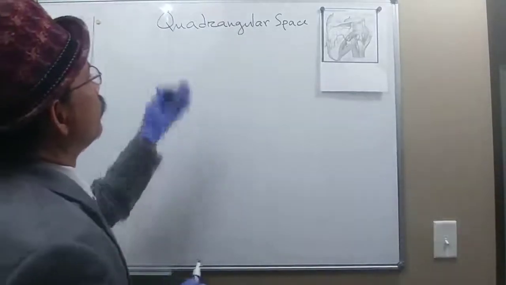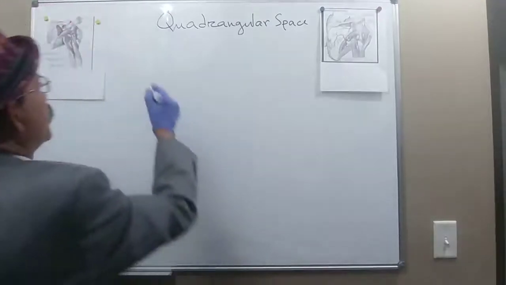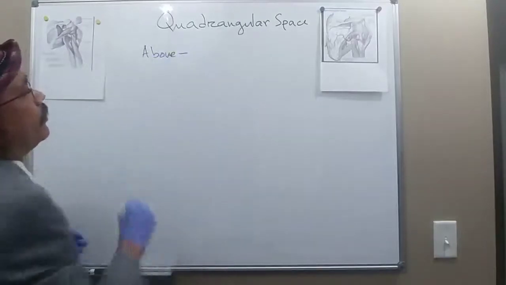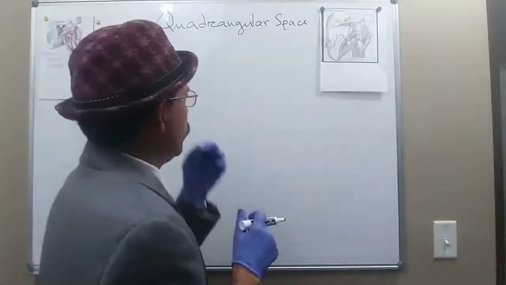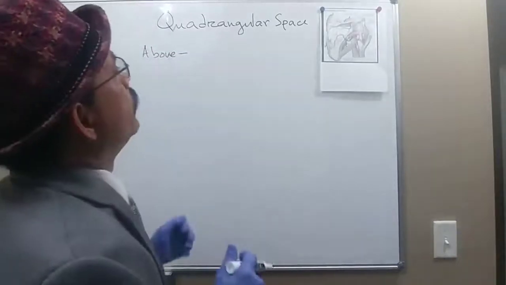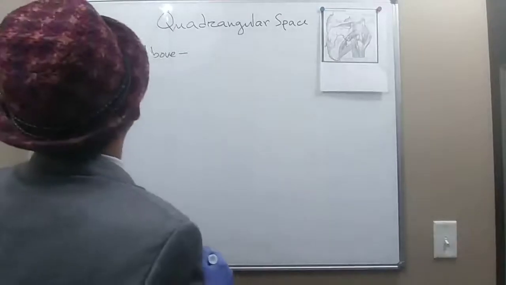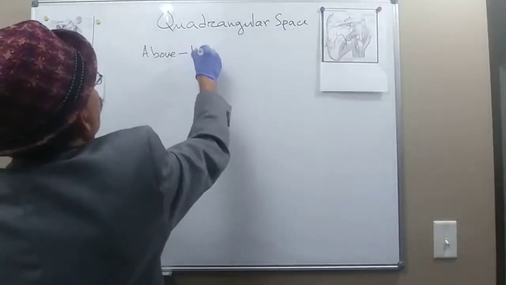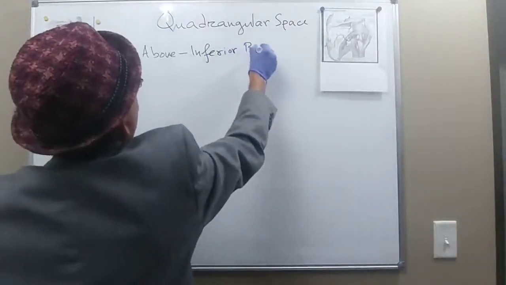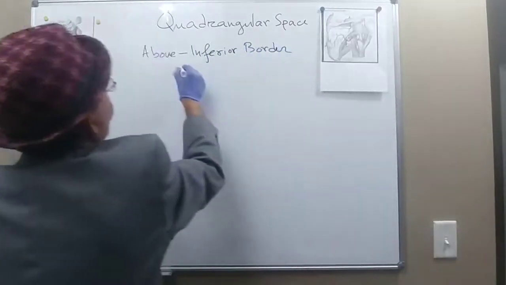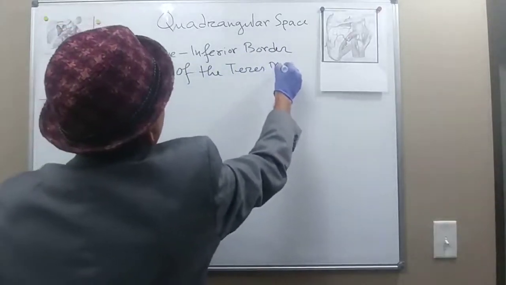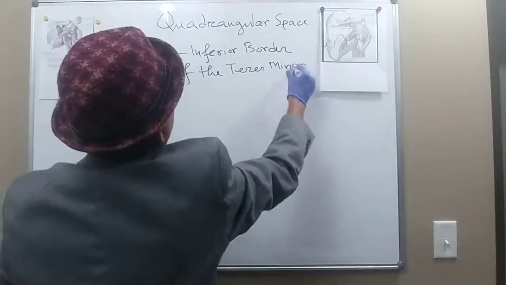The quadrangular space is bounded above by the inferior border of the teres minor muscle.